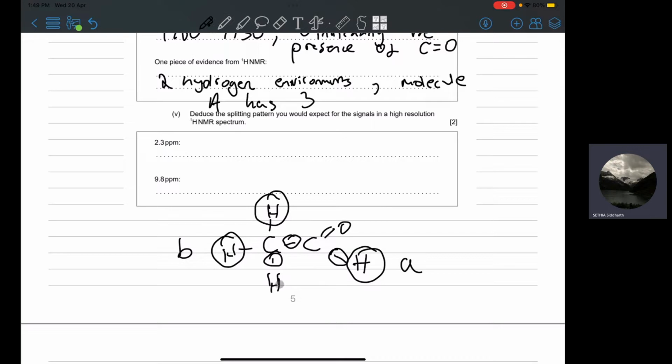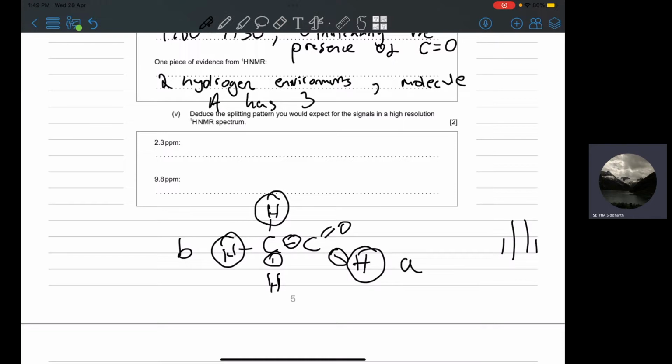So what happens is when these two environments are close together, on the HNMR spectrum, we see something called splitting. The splitting pattern, as I showed you, consists of these small lines that occur as a cluster around one peak. These splitting patterns indicate the number of neighbors present for a hydrogen in a particular environment.